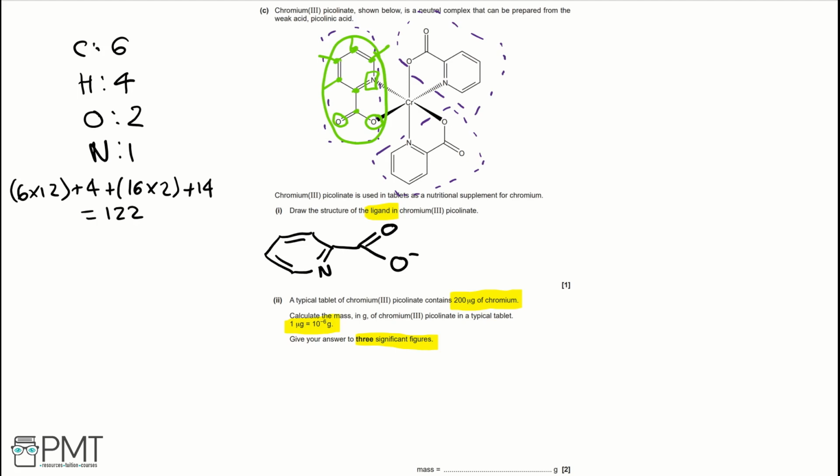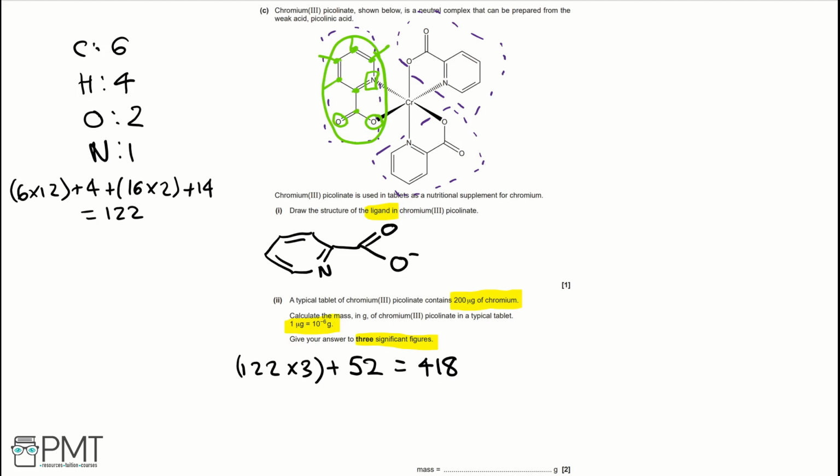There are 3 ligands in this complex, so we do 122 multiplied by 3, and then we need to add the relative formula mass of chromium, and that is 52. That gives us a relative formula mass of 418 for the whole complex.